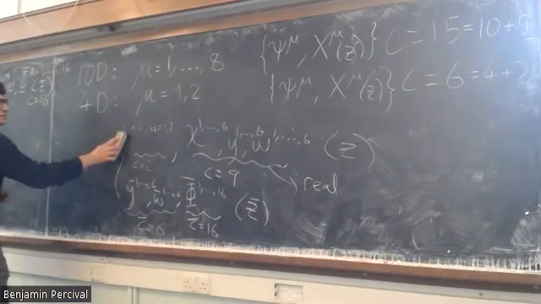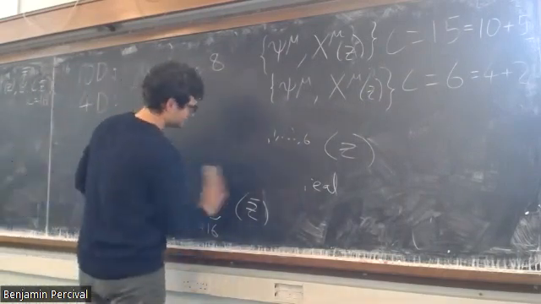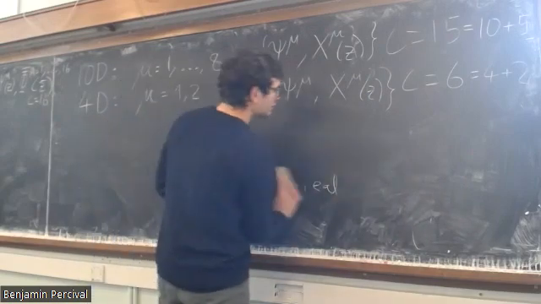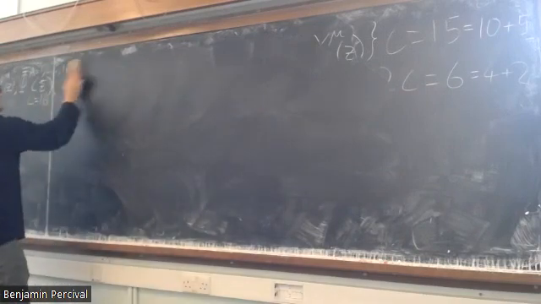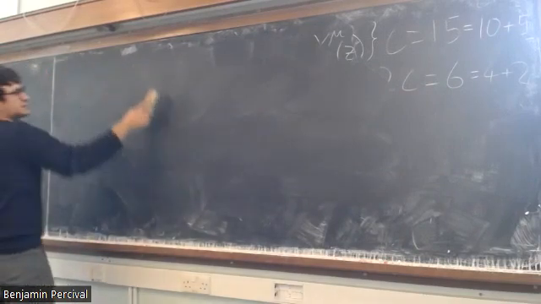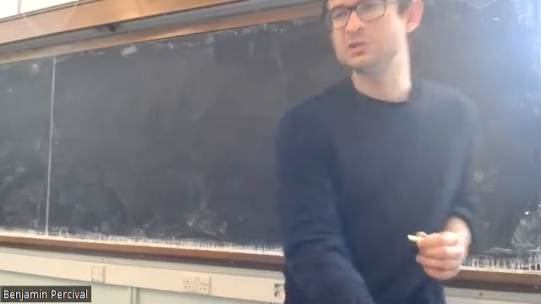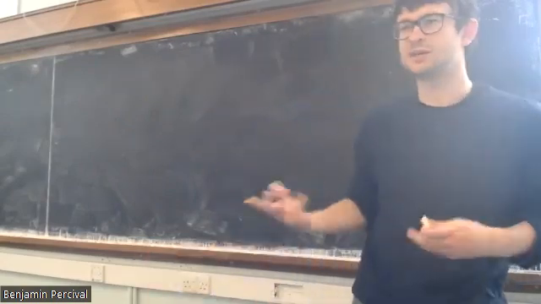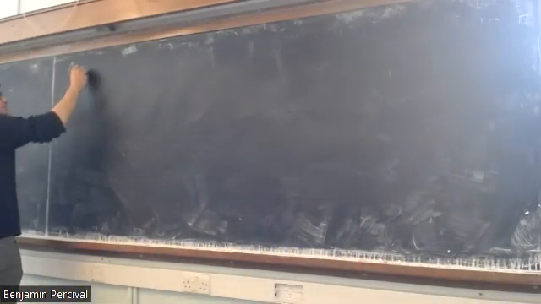So maybe what I can do is rewrite that a little bit. So, for example, you remember from last term that whenever we build a free fermionic model, we always start with a Ramond sector, which is given by the 1 basis vector.